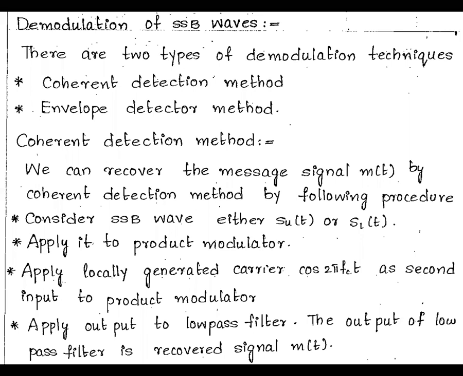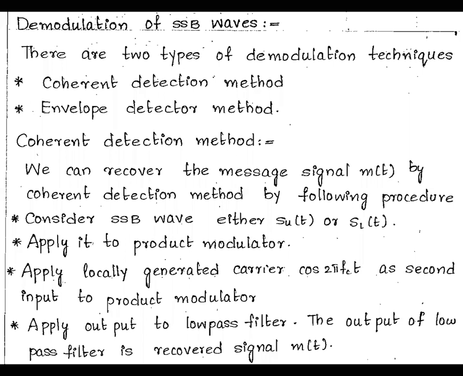Whether the modulation process uses the carrier cos omega c t, or the demodulation process uses the carrier cos omega c t, these two signals are the same. That is known as coherence. If these two signals have a phase difference or frequency deviation, that is not coherence.